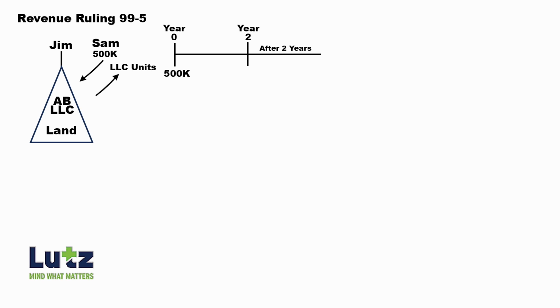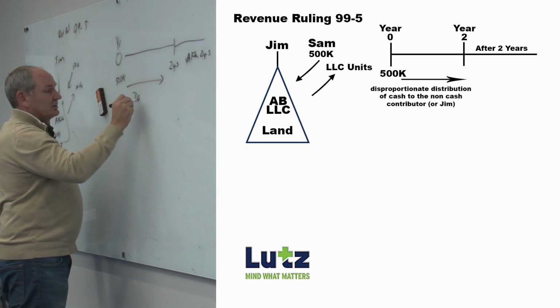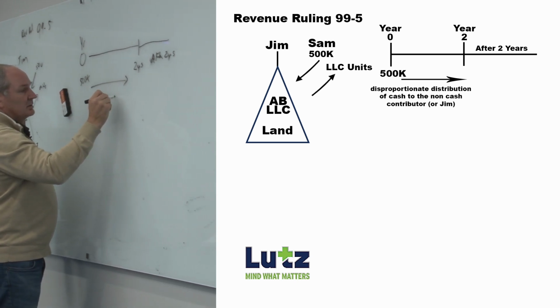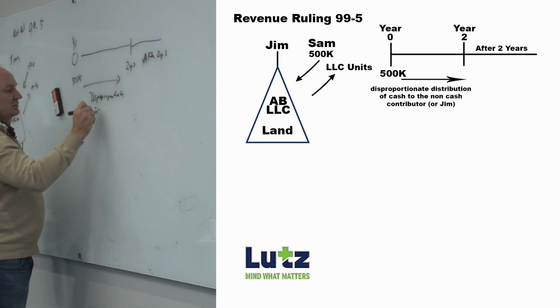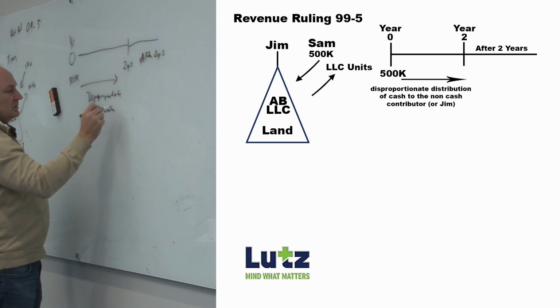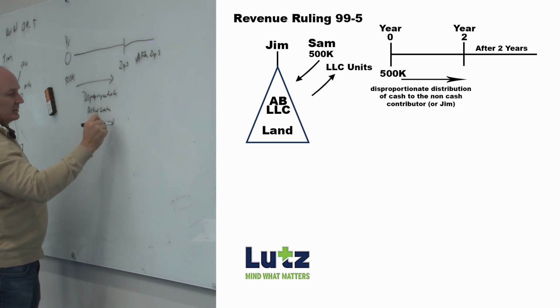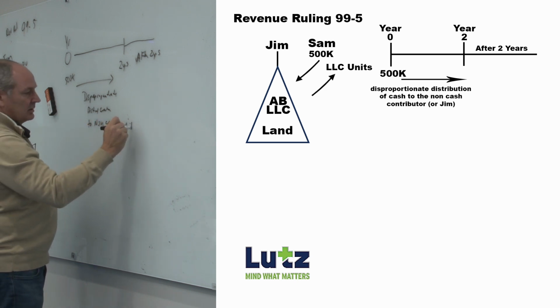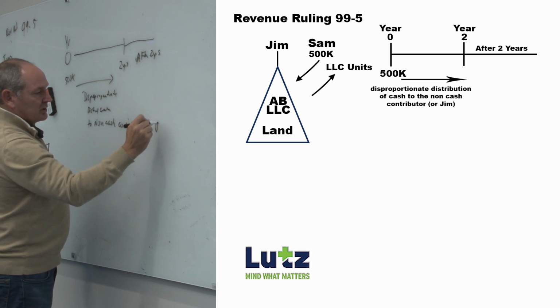With it, what 707 says, if during this 2-year period there's a disproportionate distribution of cash to the non-cash contributor, okay, or Jim, right?